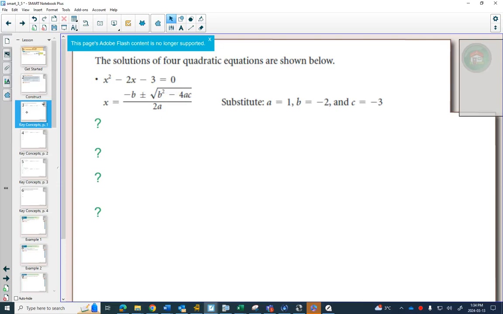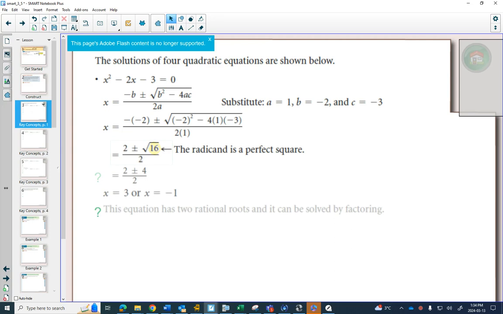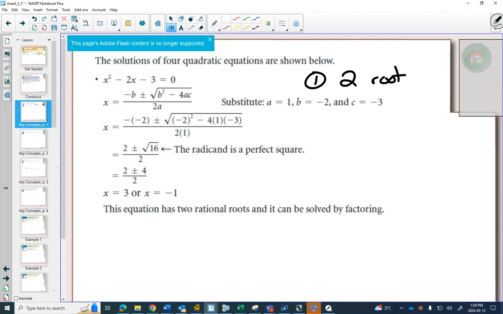So on the next page, they say the solutions of 4 quadratic equations are shown below. They've got work for us, and this is equation number 1. Off the side, you can write equation number 1. There's going to be 2 roots, and in brackets, write the word rational, because if you get a perfect square, then you get nice numbers for your answer. Rational numbers are numbers that can be written as a fraction.